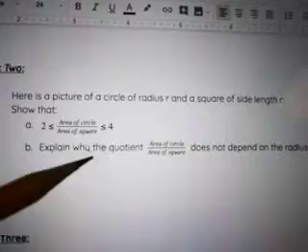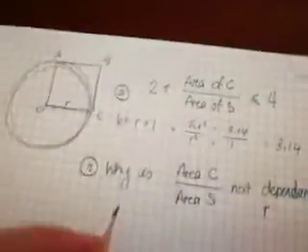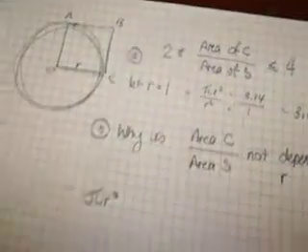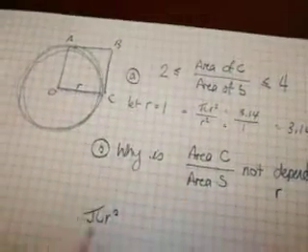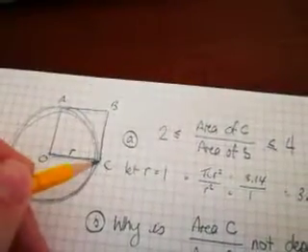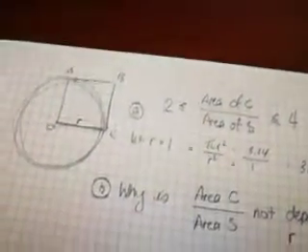Okay, so the second part of the question says, explain why the quotient of the area of the circle divided by the area of the square does not depend on the radius. This one is quite simple. The area of a circle is pi r squared. The area of a square, in this particular case, the side of the square is the radius, so instead of putting the length, I'm just going to put r.